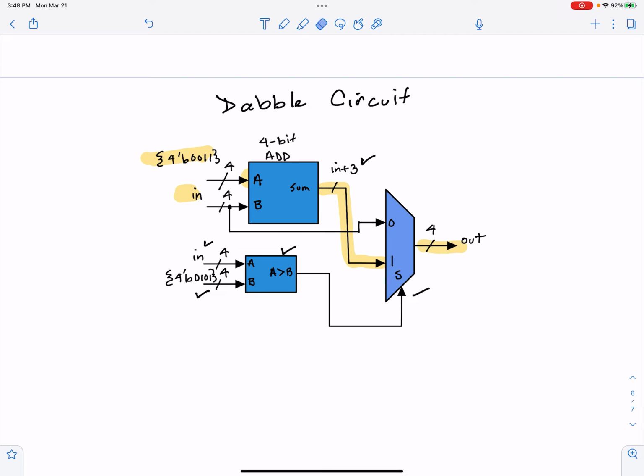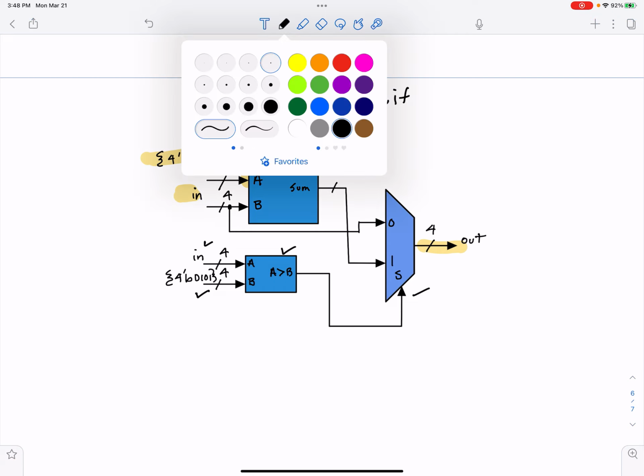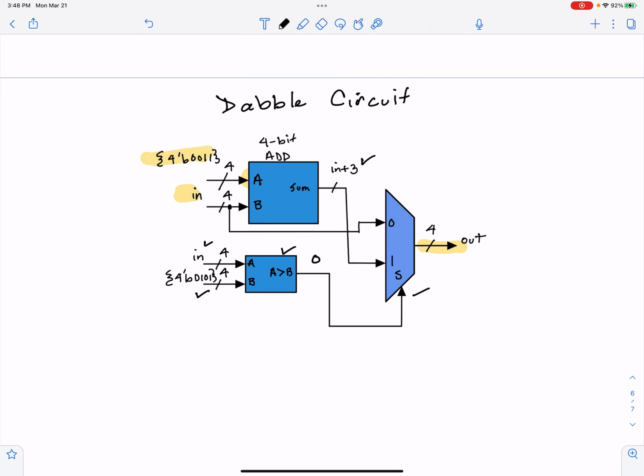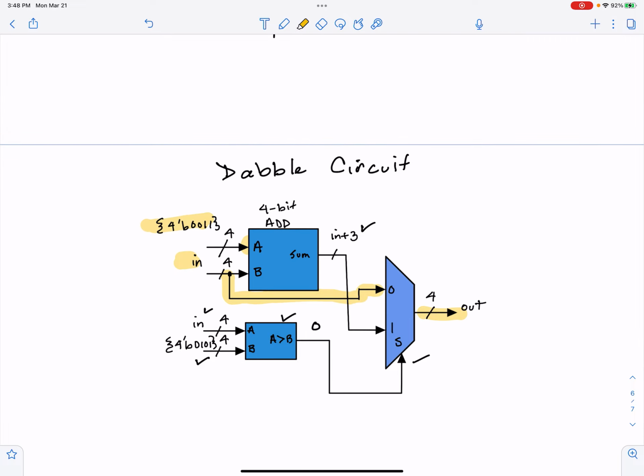If we had a smaller number, say N was equal to 3, then this signal coming out would be a 0, and we'd select the 0 line, and N would go on through the output. So you can envision the Dabble circuit, and we're going to put this all together in the next video to do the double Dabble algorithm.